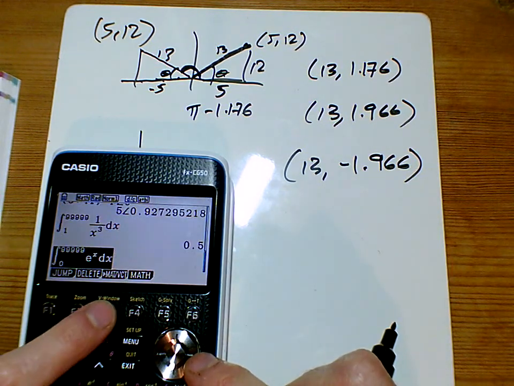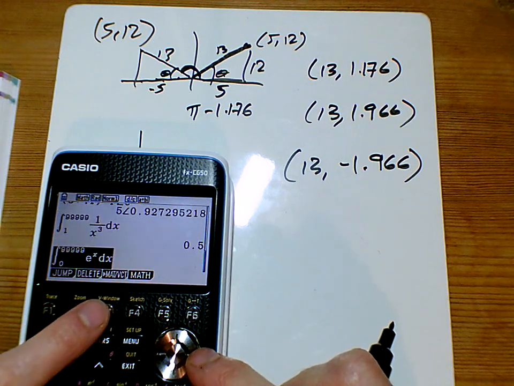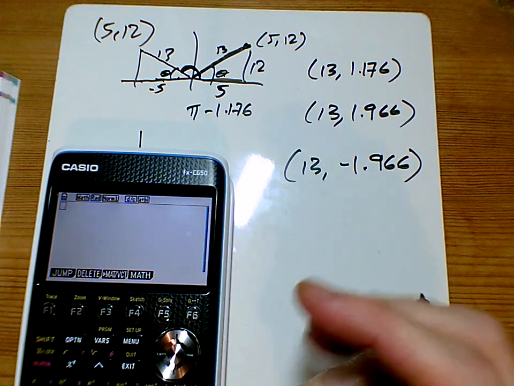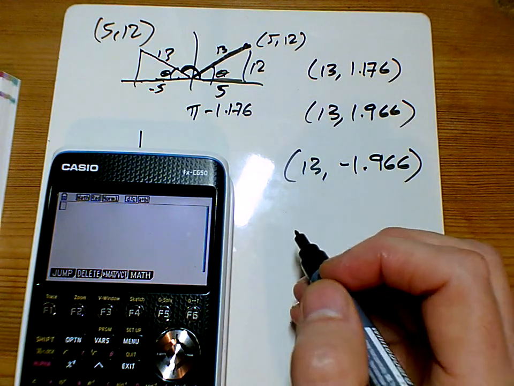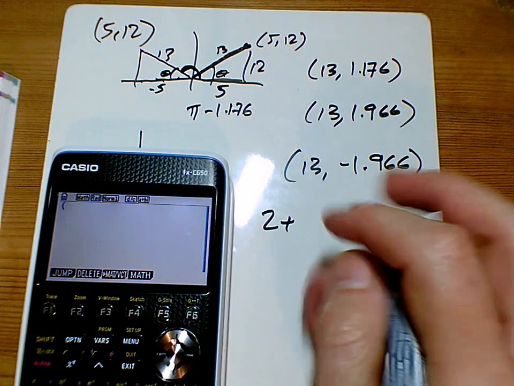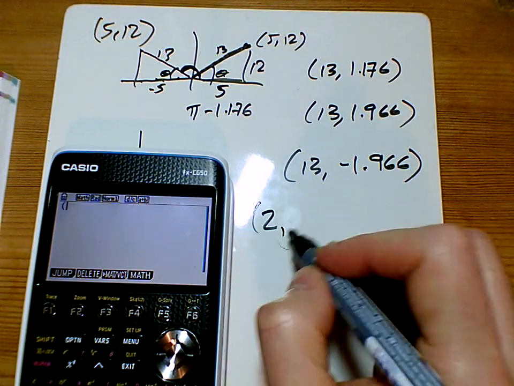Of course, you're thinking, it looks so similar to the stuff we were doing before, the complex numbers work. So why not actually use our complex number mode of doing this? So the next one is 2 and minus 3.